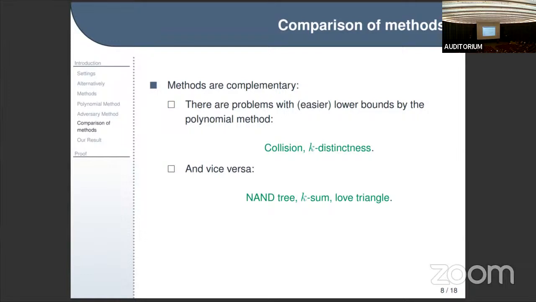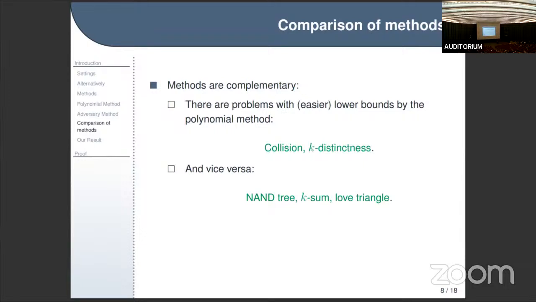And vice versa, there are problems where the adversary method is much easier than the polynomial method. For instance, the NAND tree, which was proven by Ambainis by a very simple adversary argument. It took about 10 years to develop polynomial lower bounds. And for the k-sum problem and for the triangle problem, the polynomial lower bounds are not known as far as I know.